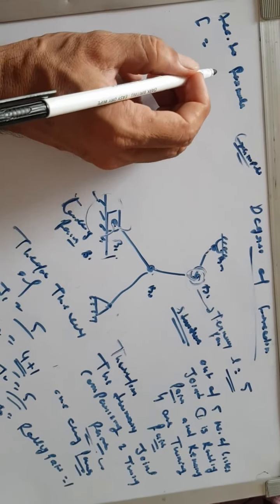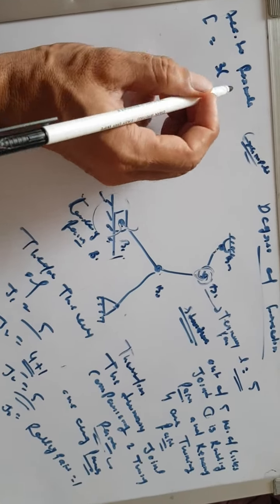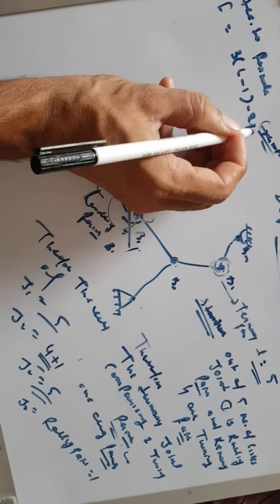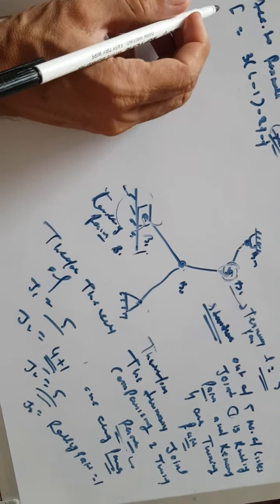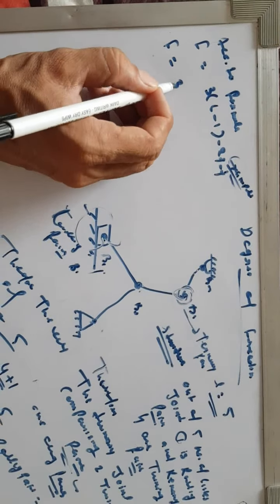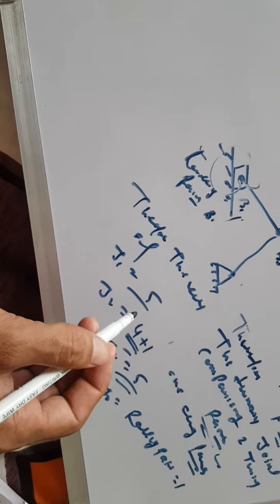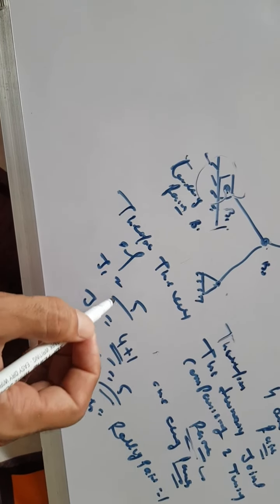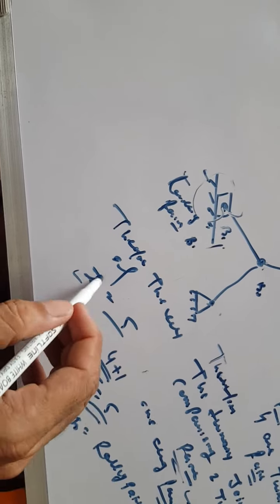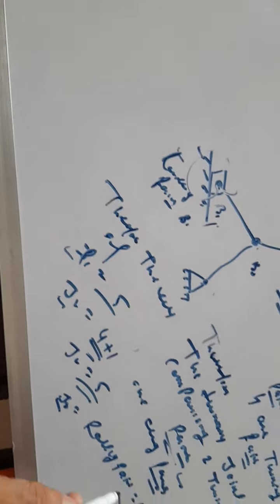degree of freedom is equal to 3 times (L minus 1) minus 2j minus J. This is all. So the degree of freedom is equal to 3 times L, and L is given here as 5. L is this, J2 is this, and J3 is 1.